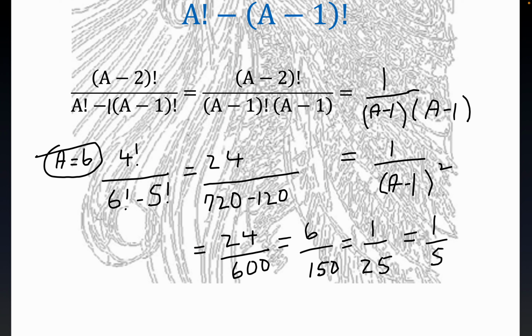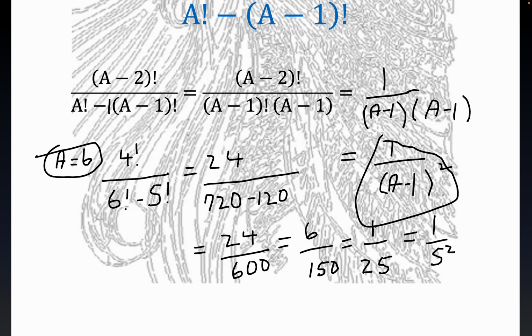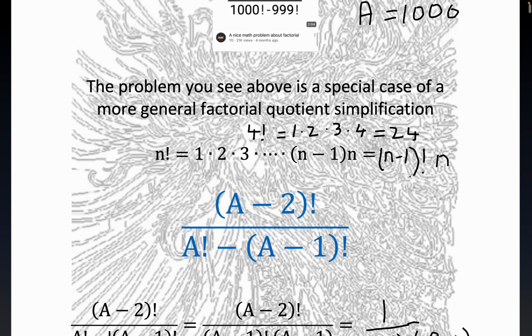All right, so we proved just kind of a general result here. Now let's go and check what the answer would be for this problem. Remember, it's 1 over A minus 1 quantity squared. So let's go up here.